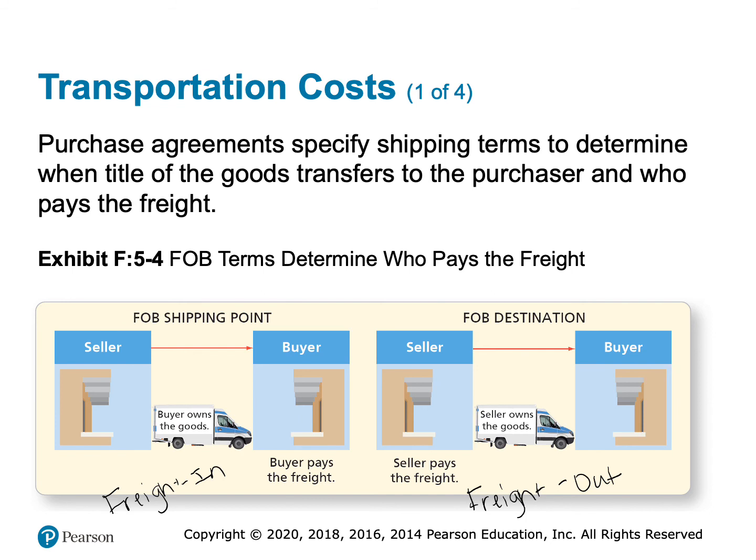Specifically, that cost means everything we have to pay to get that asset ready for its intended use. So if we have to pay shipping, then that's part of the cost of the asset. So freight in goes as a debit to inventory, whereas freight out is just an expense.